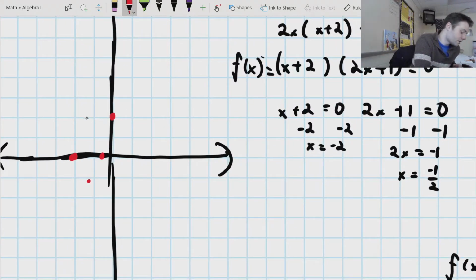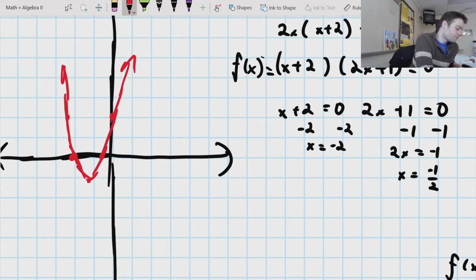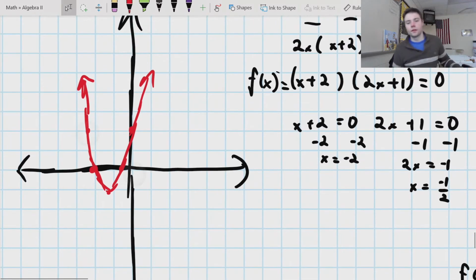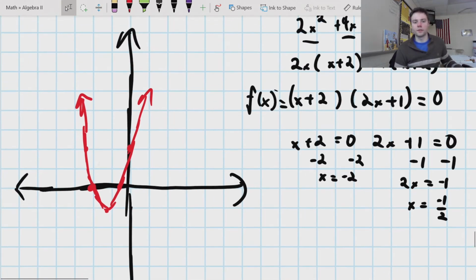And then if you take a look here on this other side, if I use symmetry, right over here, this is negative 5 over 4. So if I go 5 over 4 in this direction, just a little over, I'm going to have the same output there. So that gives me a rough shape of my quadratic. And it's a little more approximate.